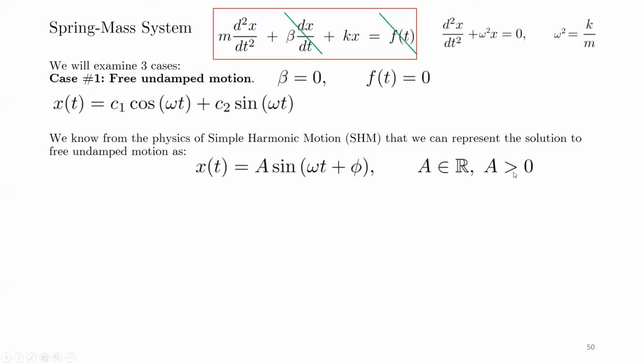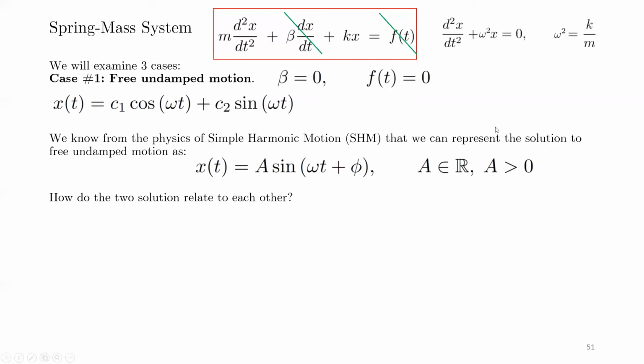A is some real number, A is positive because A here is what we call the amplitude of the motion. Phi is something called the phase angle too. Okay, so we know from solving the ODE that we get this sum of cosines and sines up here, but we know from simple harmonic motion that this must be equivalent to this expression, amplitude times the sine of omega t plus phi.